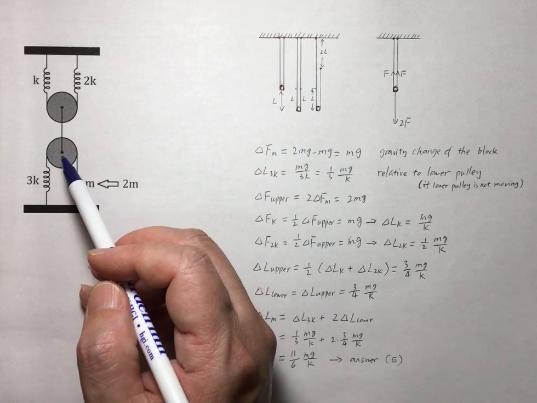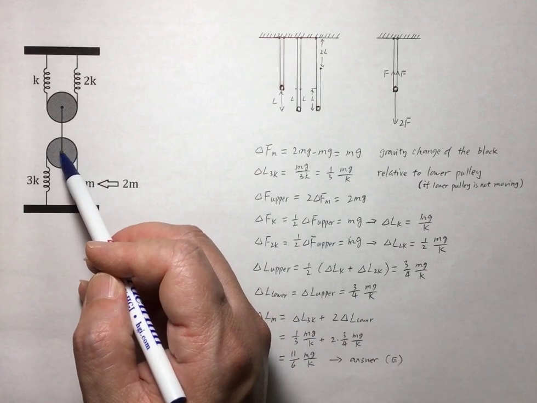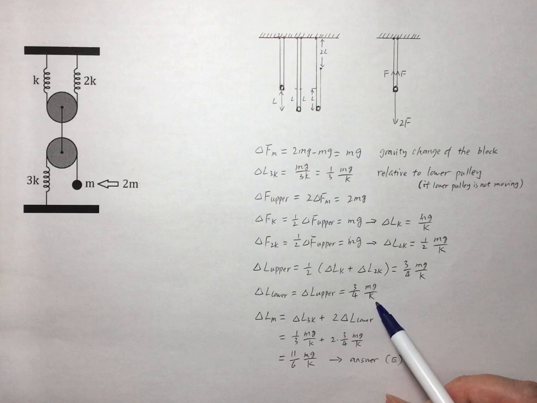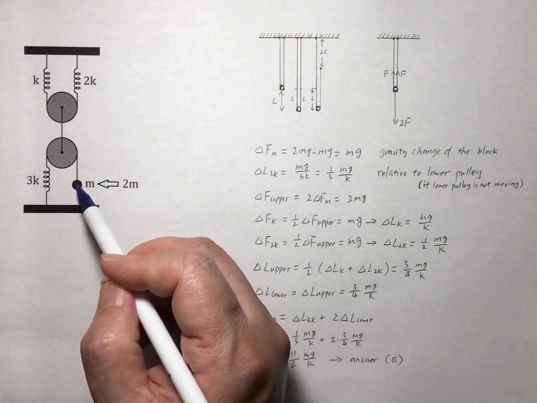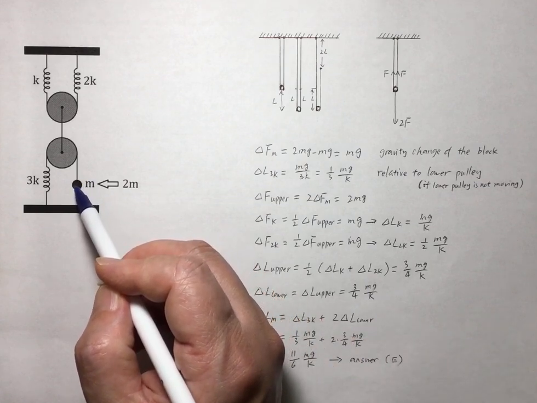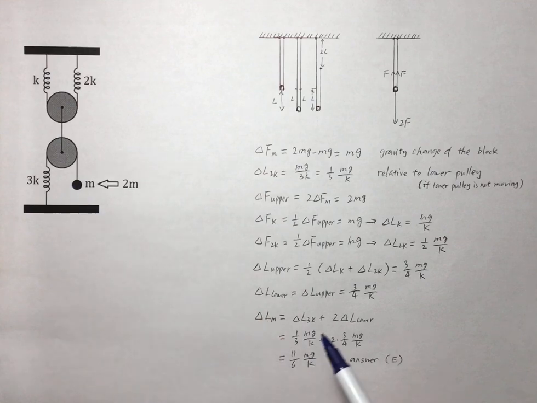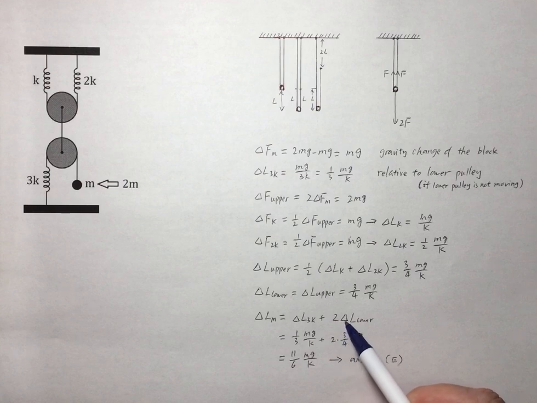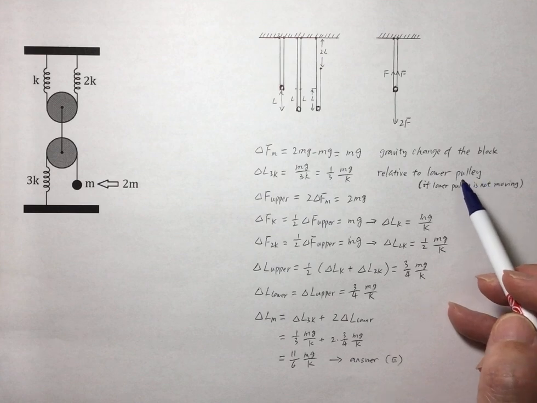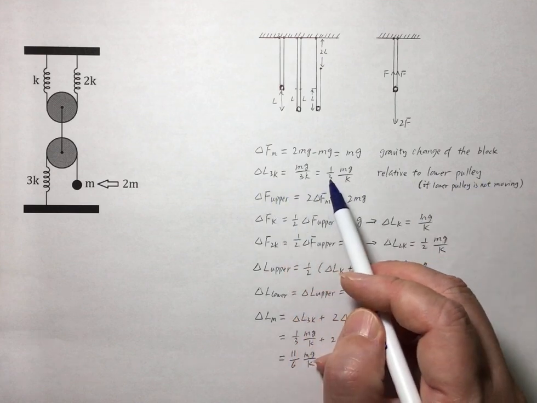Now, because the pulley goes down by this value, the block will go down by twice that amount, which is 2 delta L of the lower pulley. Remember, we have this value here.